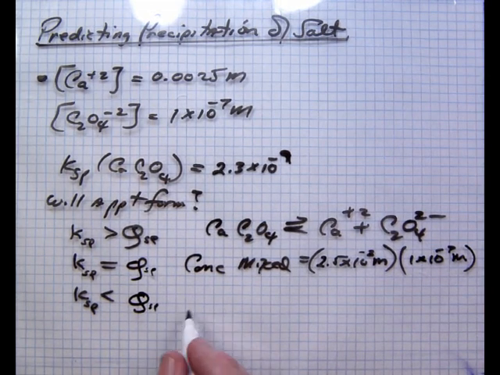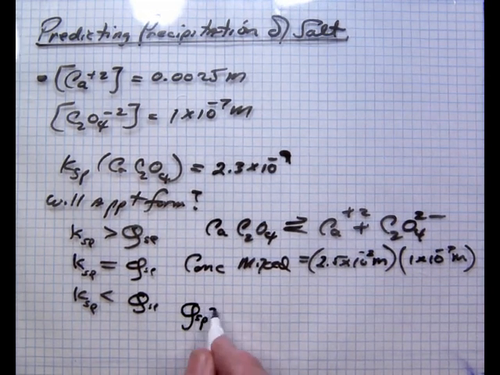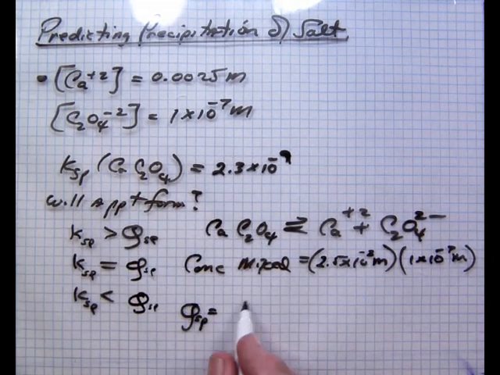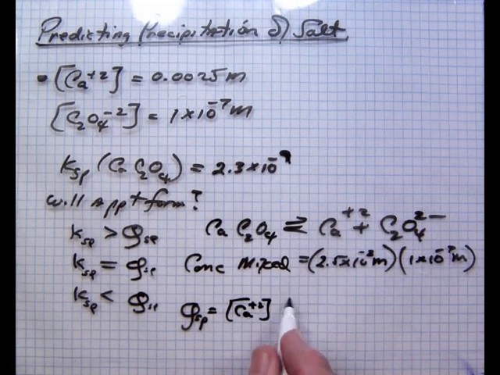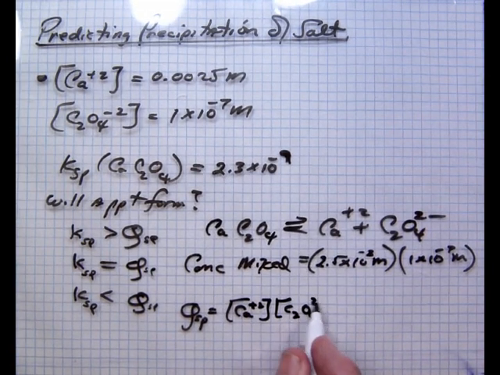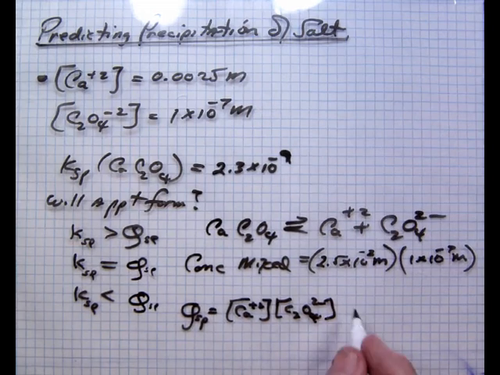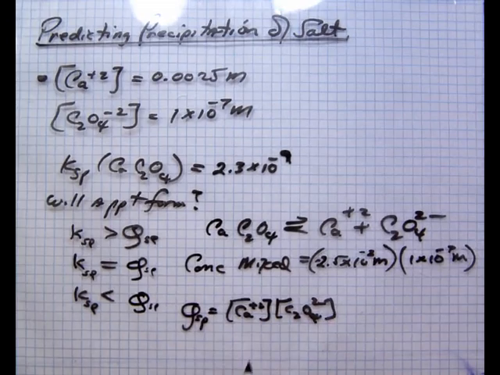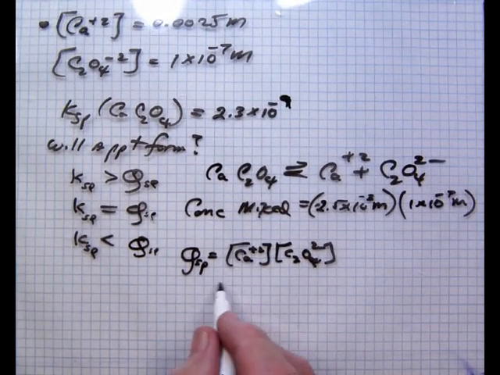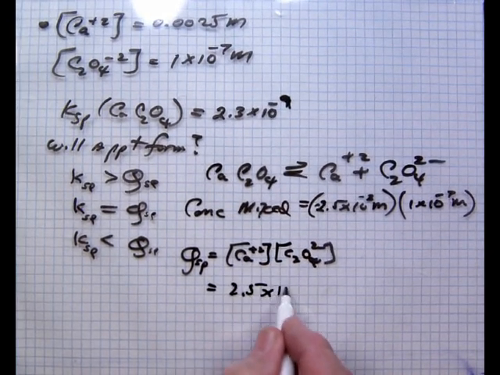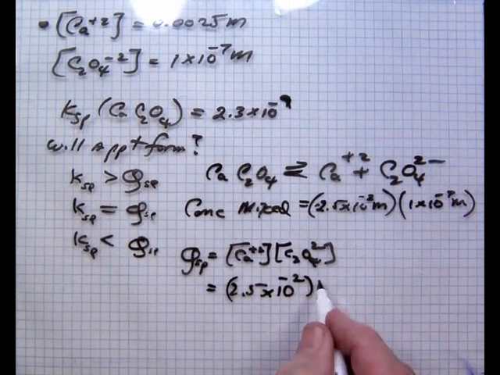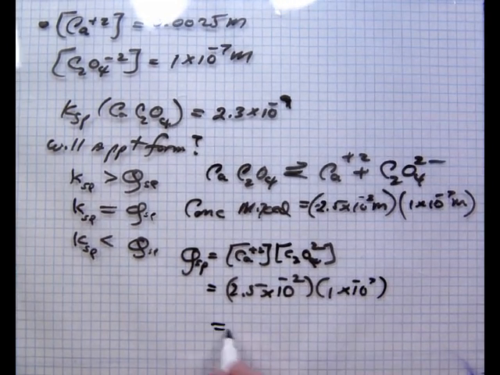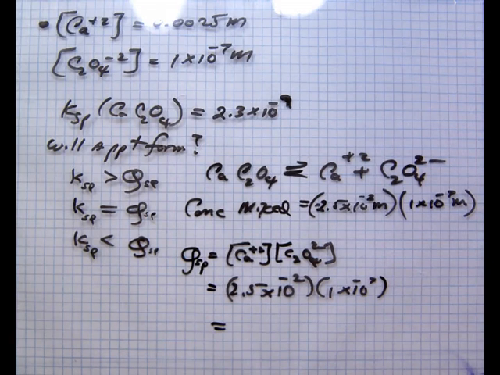So we can calculate the Q to equal, that's a 1-to-1 ionization between those two, calcium times C2O4 2 minus, 2.5 times 10 to the minus 3 and 1 times 10 to the minus 7.